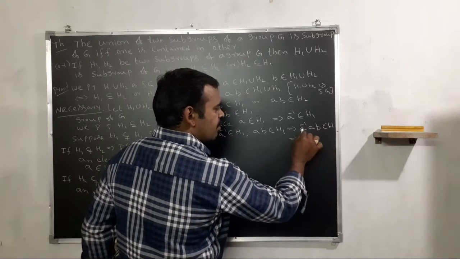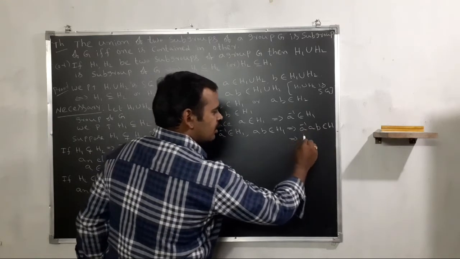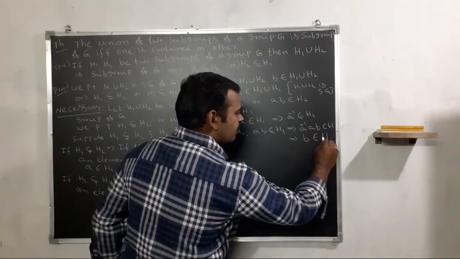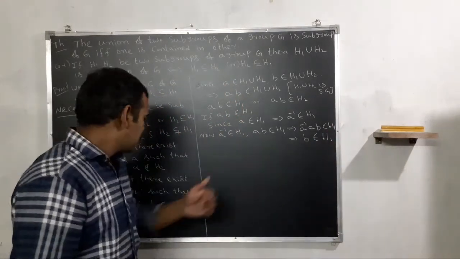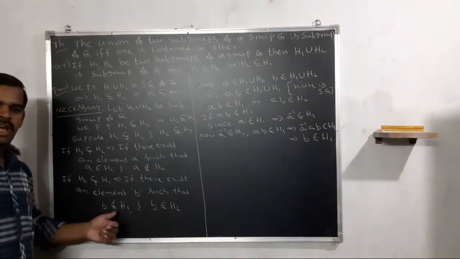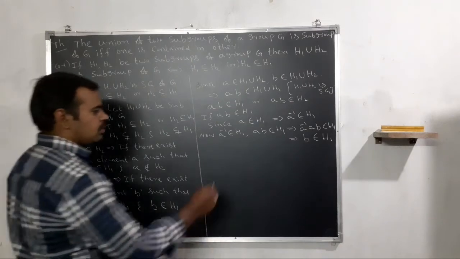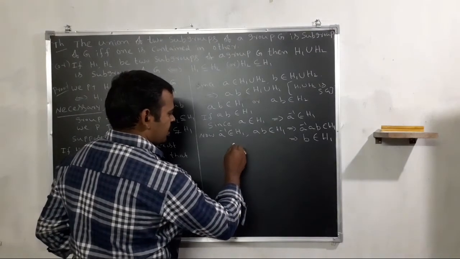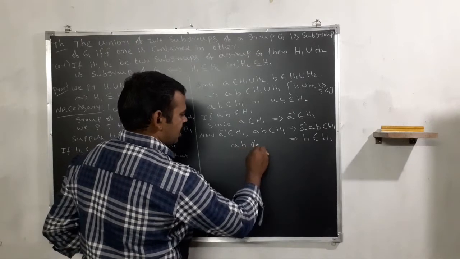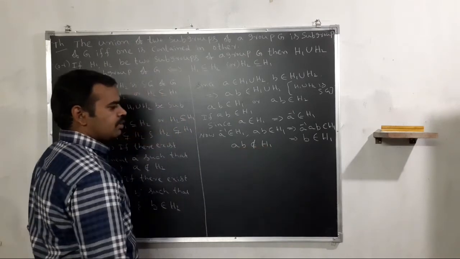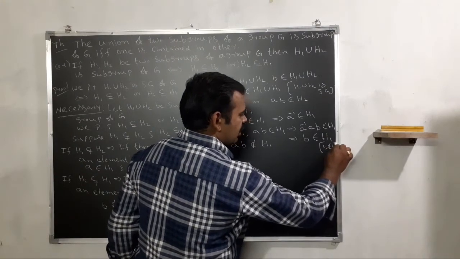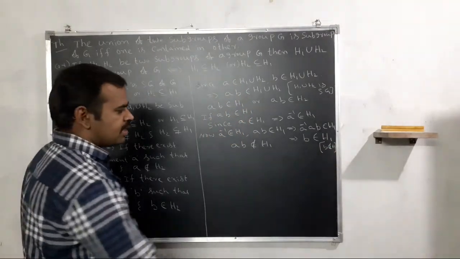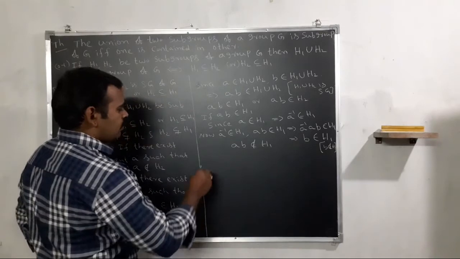A inverse AB is A inverse A times B, that is E times B, so B belongs to H1. But B does not belong to H1. It is a contradiction. So AB does not belong to H1.